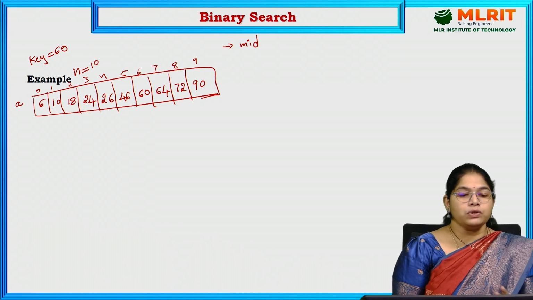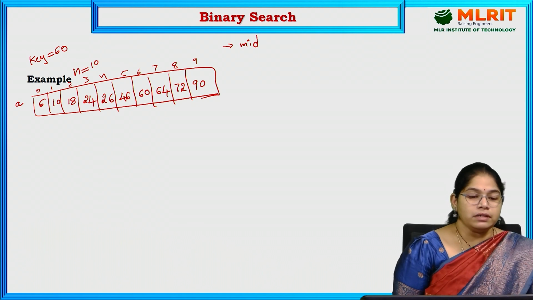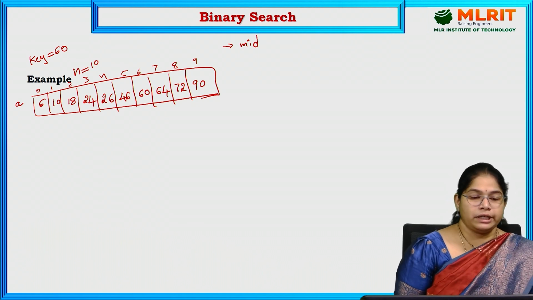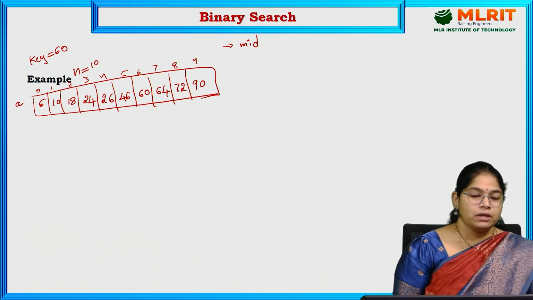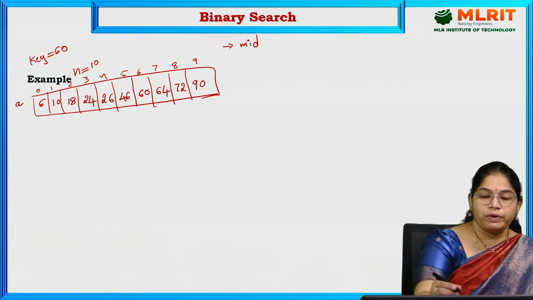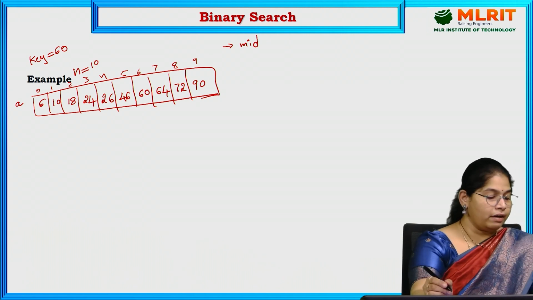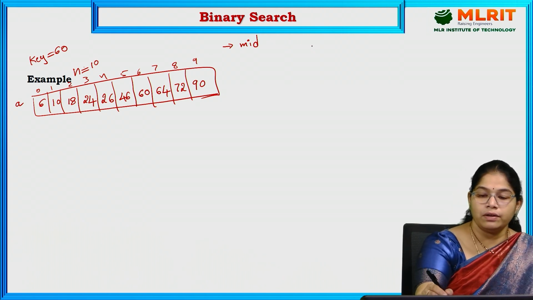I want to search whether 60 is present in the given list of elements in the array or not. Binary search will work only on sorted data. If you observe, the data I consider in this list is in sorted order. So to find the mid, first we have to find the mid, then we have to check whether the given key is equal to the mid value.